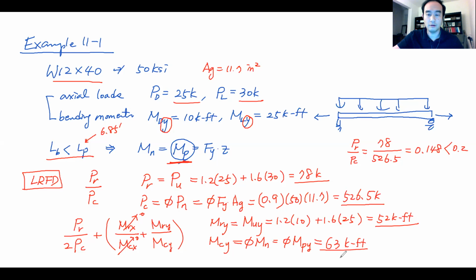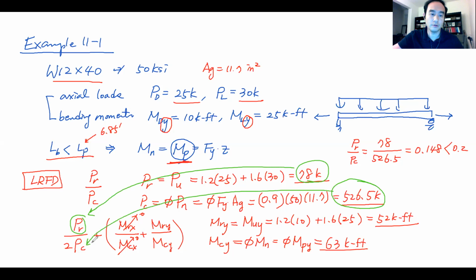So now just put these 4 numbers into this equation. So I'm going to use a different color now. So what is PR? PR is 78. PR here. And PC 526.5 going here in the denominator, 2 times this value.